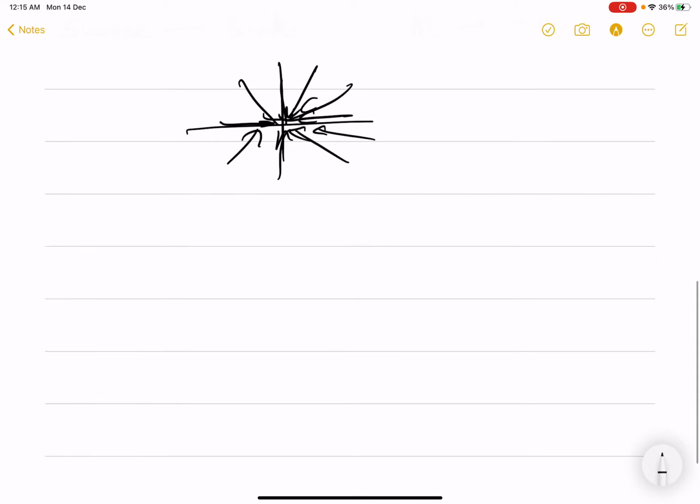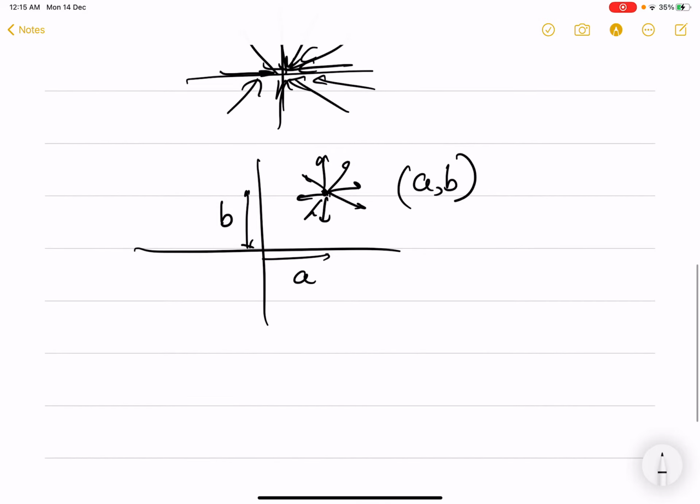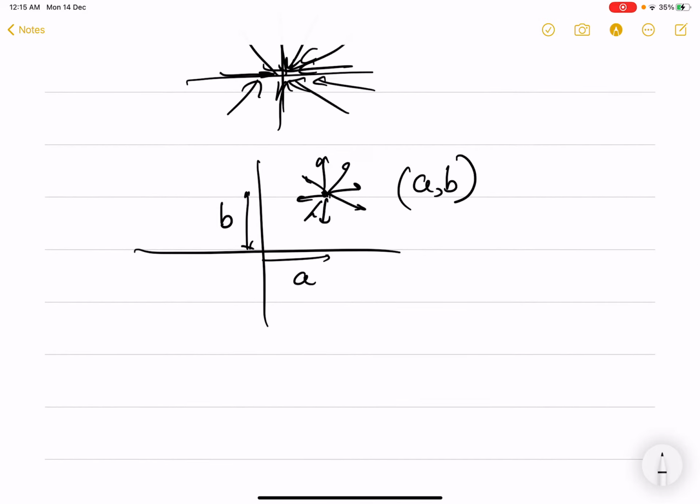Now let us say that in a flow, the source is not placed at the origin, the source is placed at coordinates a comma b. Then what is the corresponding psi and phi for this source?